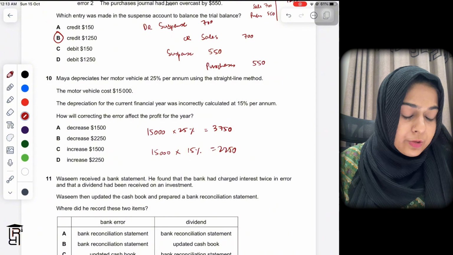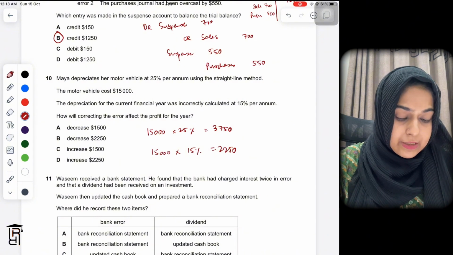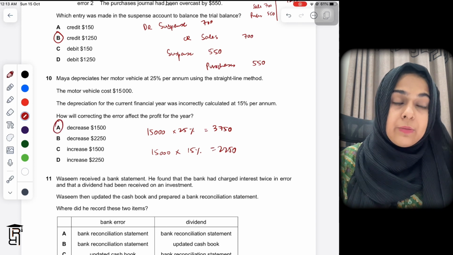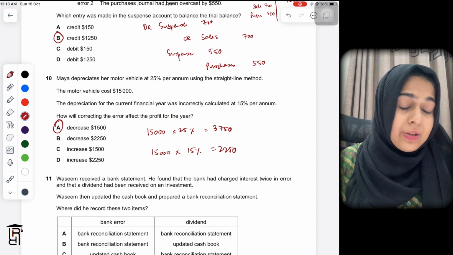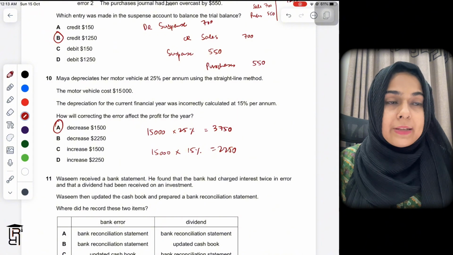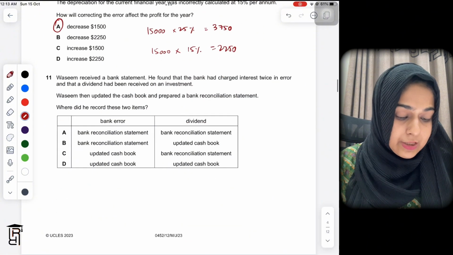So when you correct the error, your profit will decrease by 1500, because when you had initially put the depreciation, you had put a lower value, that is 2250 instead of 3750. Now when you correct the error, your expenses will go up by 1500 and your profit will decrease by 1500.